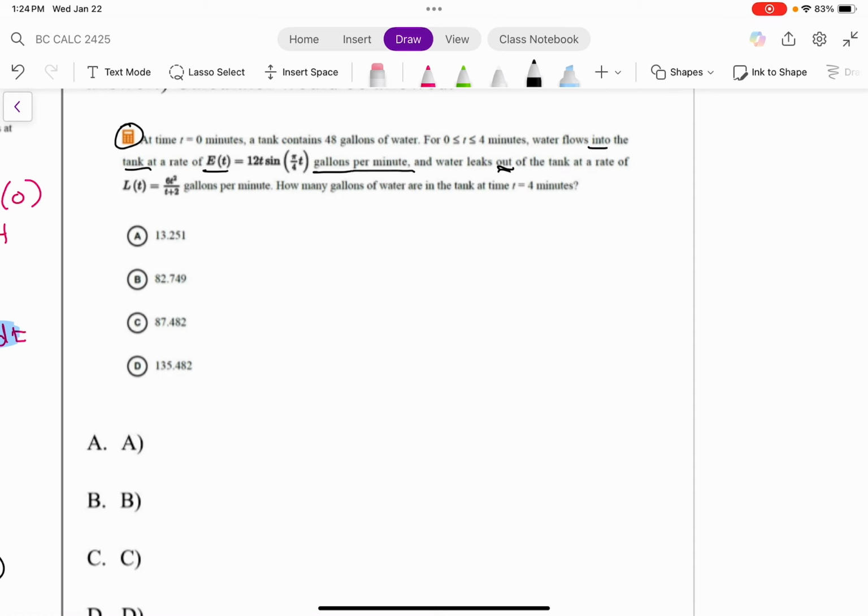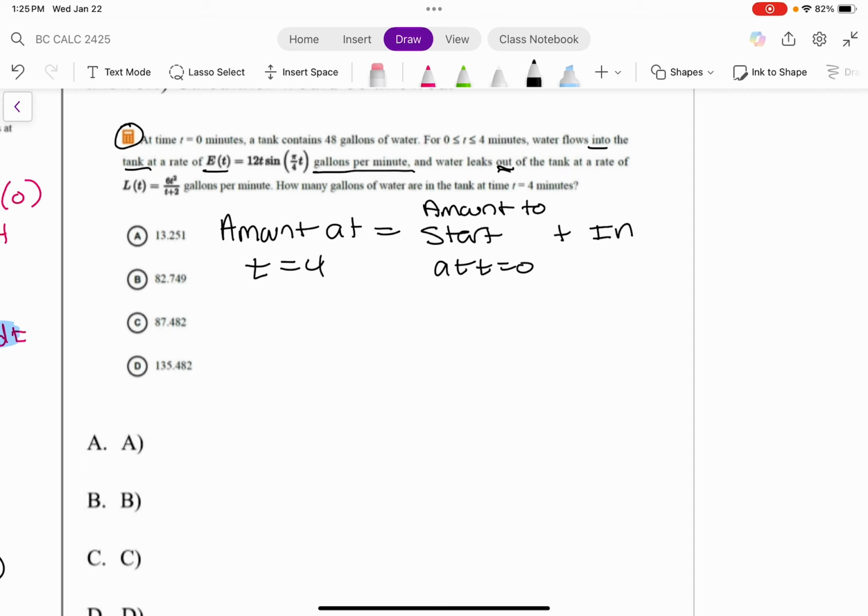So let's use words first. The amount at t equals 4 is the amount to start, meaning at t equals 0, plus all the amount that's gone in, so we'll just say amount in on the interval 0 to 4, and then minus the amount out.